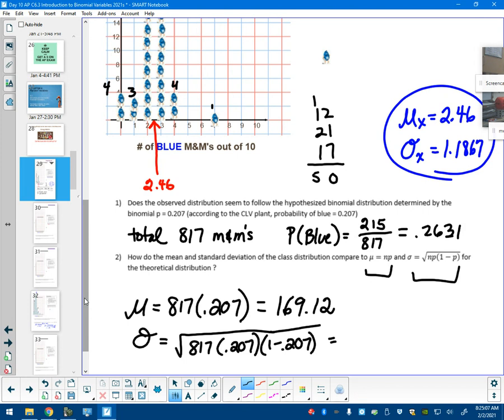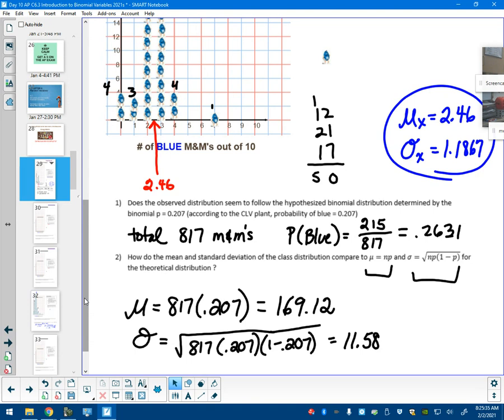I get a standard deviation of 11.58. So we're almost 3 standard deviations out, which makes me think, well, A, it's a small sample size, and B, maybe Cleveland has changed its percentage of mixing.